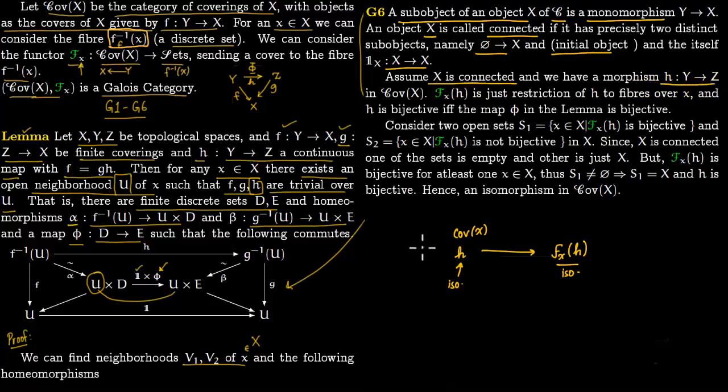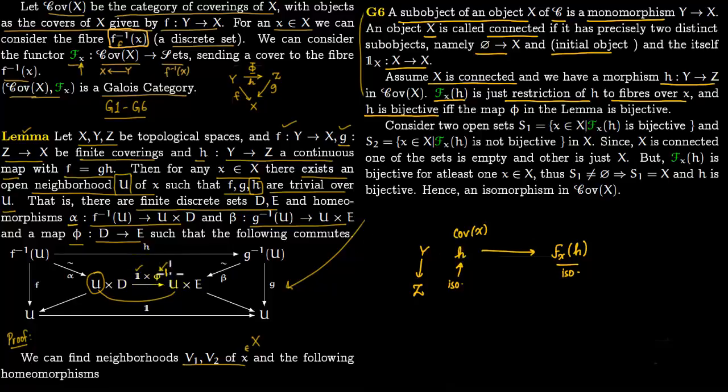Now we assume x is connected, and we have a morphism h from y to z. We are saying that this is iso should mean h is iso. This f_x of h, you can see f_x is just this fundamental functor, f inverse of x. This is just the restriction of h to fibers over x, and h is bijective here if and only if this following map phi is bijective.